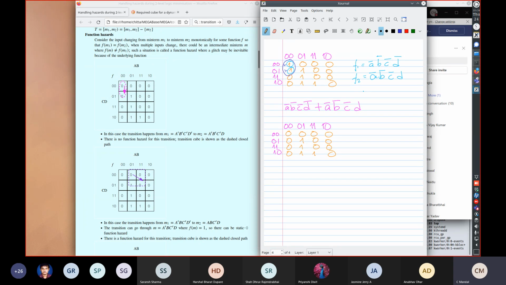If we just focus on this part, we can say f dash is f1 or f2. Now, what happens is that f1 is true only for this input, and f2 is true only for this input. So you have this situation. The input is changing. At some time t, you have this input, and then you have this input.